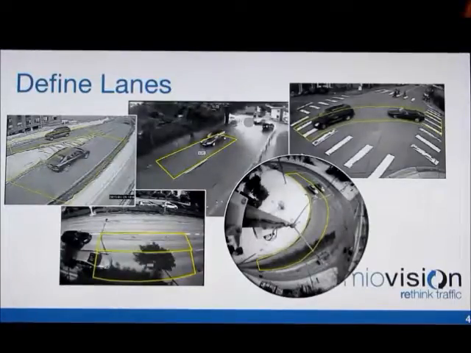Beyond that, we have to correctly label each lane. So for example, this could be a northbound left. And this being a temporary installation, we're left to maybe manually mark up the video to show the algorithm where the lanes are for vehicle counting.